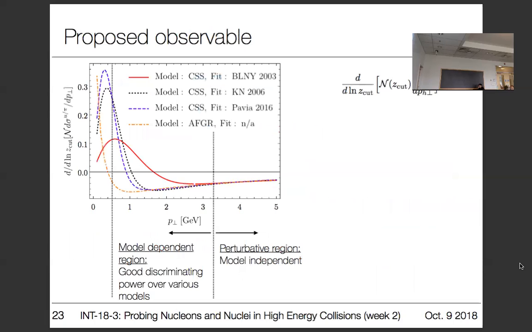I cut the PT at 5 GeV because after that, basically, all 4 models give you exactly the same result, which is what you expect, since here is where the perturbative cross-section kicks in. And for a region before that, the z-cut dependence starts becoming important for the TMD function itself. We can find a region between lambda QCD and approximately here 3.5 GeV, where you can fit and become sensitive to the model that we use for the rapidity anomalous dimension.